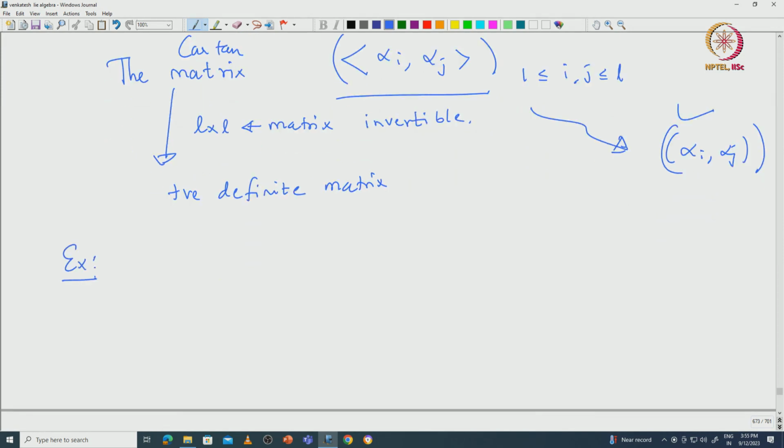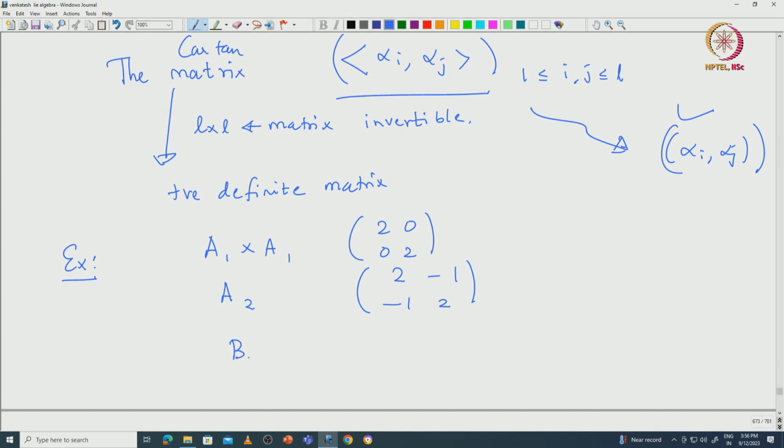You can directly compute the Cartan matrices for the 2-dimensional root systems, and it is not hard to see. If you take A1 cross A1, then the Cartan matrix is 2 0 0 2, and for A2 the Cartan matrix is 2 minus 1 minus 1 2, with alpha, beta, the base, chosen to be the natural vectors alpha, beta.